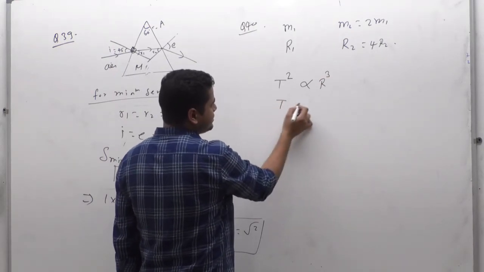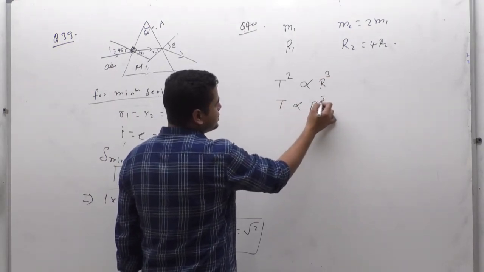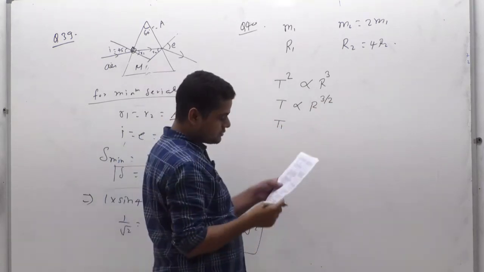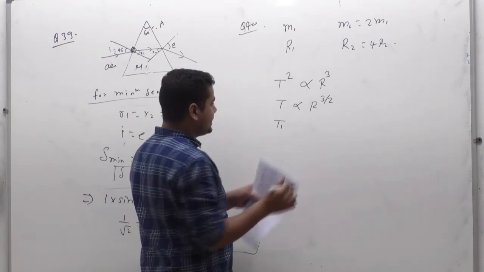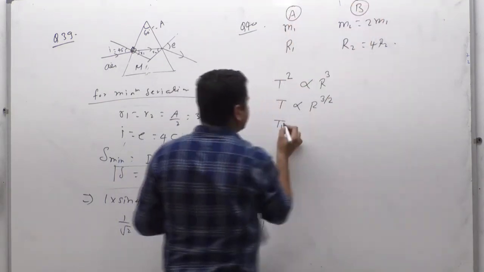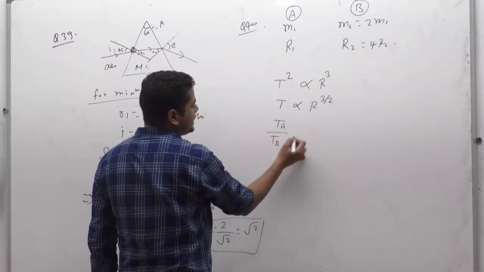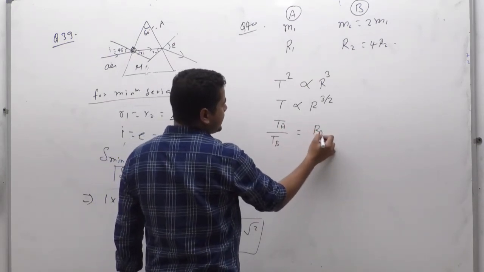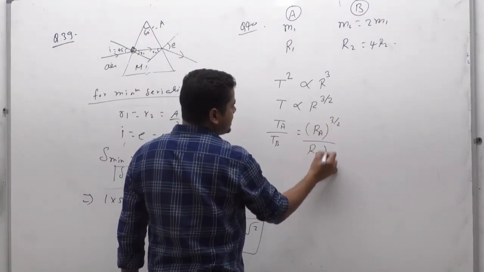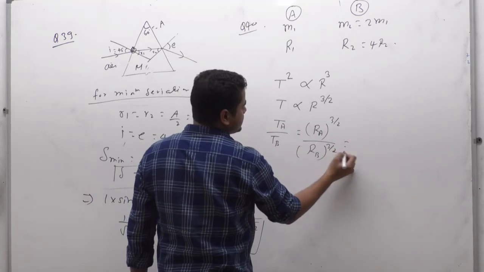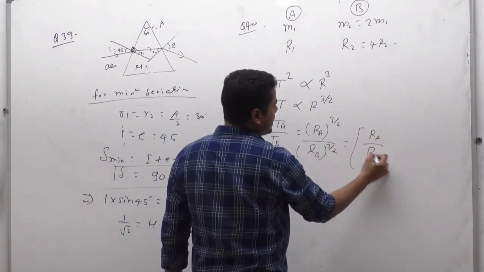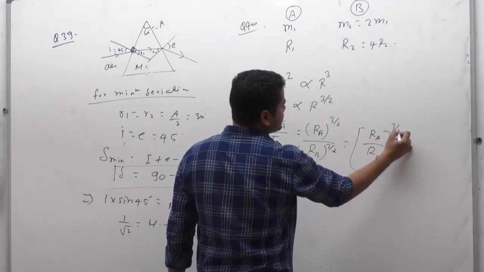Kepler gave three laws, and this is called the law of periods. So time period squared is directly proportional to radius cubed, and from that equation we get T proportional to radius to the power 3 by 2. Let us find TA by TB. This one is A, this one is B. So TA upon TB equals RA to the power 3 by 2 upon RB to the power 3 by 2, which we can write as RA upon RB to the whole power 3 by 2.